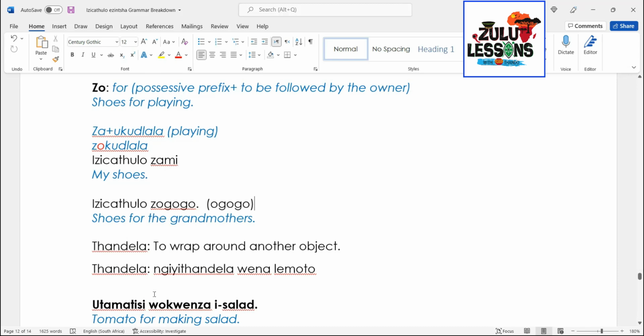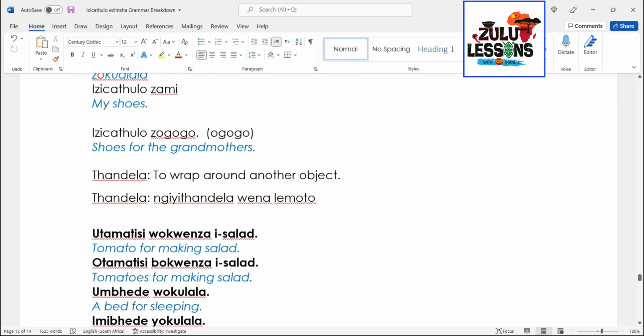But if I'm talking about the verb thanda, which is to like or to love, and I'm saying I'm liking something for, so I'm liking this for you, for example, look at this, thandela still. So ngiyithandela wena le moto. Ngiyithandela wena le moto. So I like this car for you.